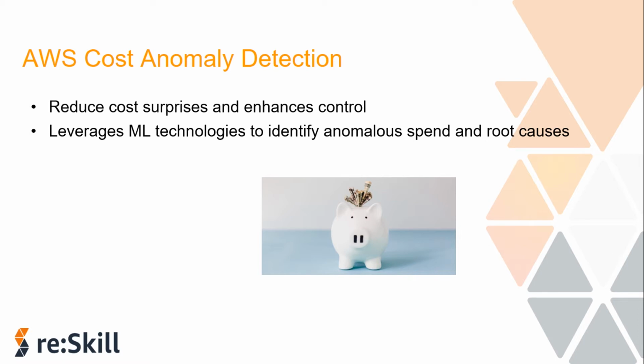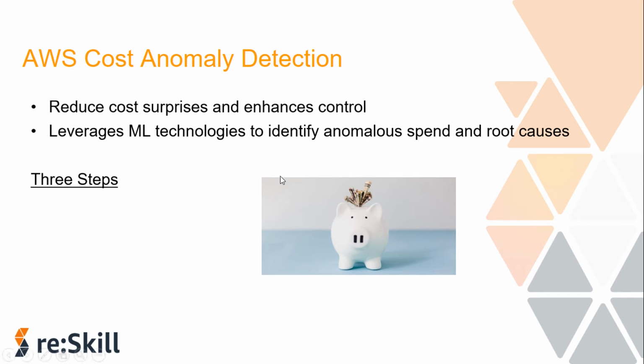We can also stay informed of spend anomalies through automated detection alerts via email or SNS topic at the frequency of your choice. Okay, and with 3 simple steps, you can create your own contextualized monitor and receive alerts when any anomalous spend is detected.